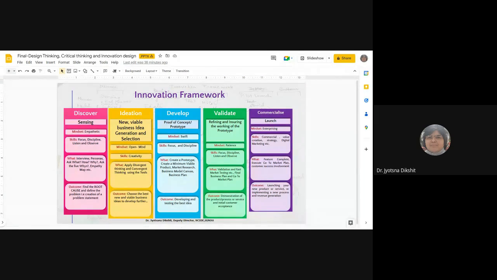So the outcome will be a demonstration of the product, process or service, and a kind of initial customer acceptance. That is, attraction will be there. Then in commercialization, when you launch your product, you will require skills for value creation and digital marketing. Some of you mentioned that you need such kind of training.